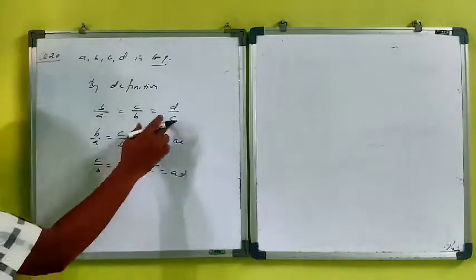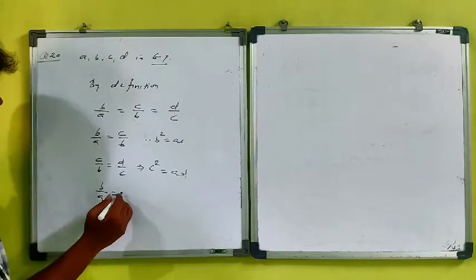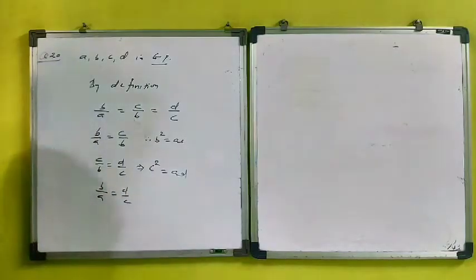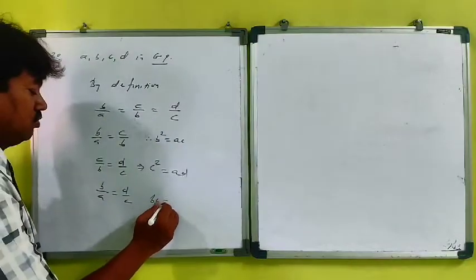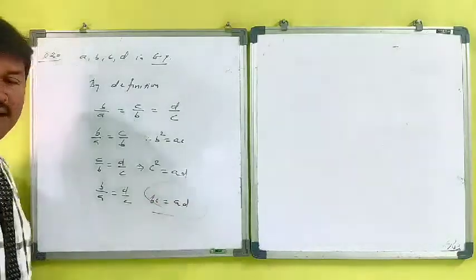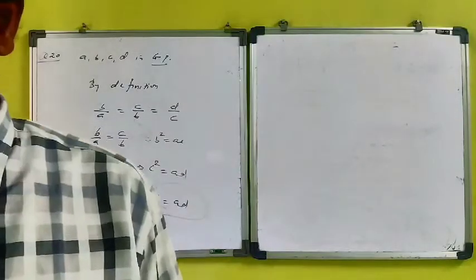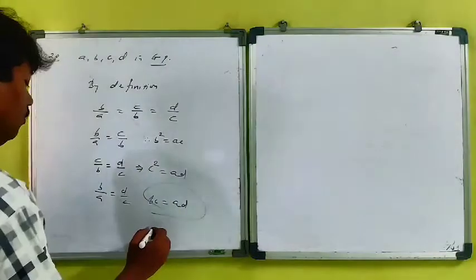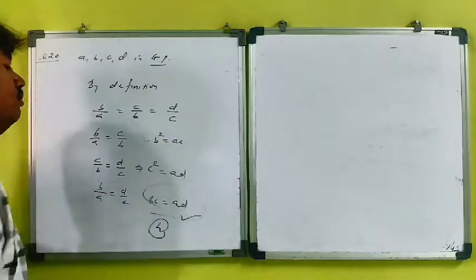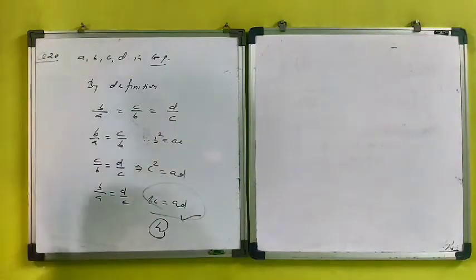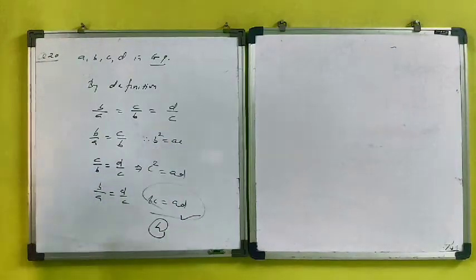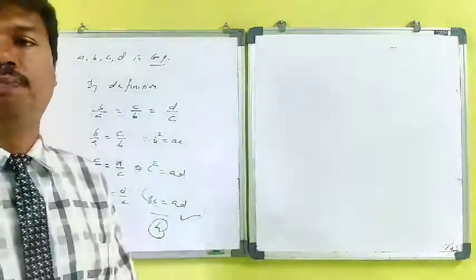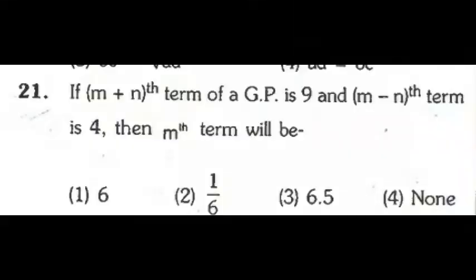If we equate this and this, B/A is equal to D/C, that gives you BC is equal to AD. And I think that is there in the option. BC should be equal to AD, which is there in option 4. So the correct answer is BC is equal to AD. All these relations are correct, but out of which this is there in option number 4.